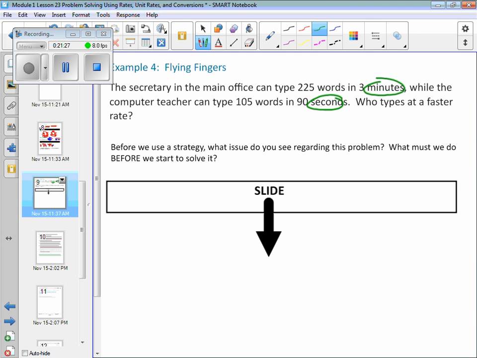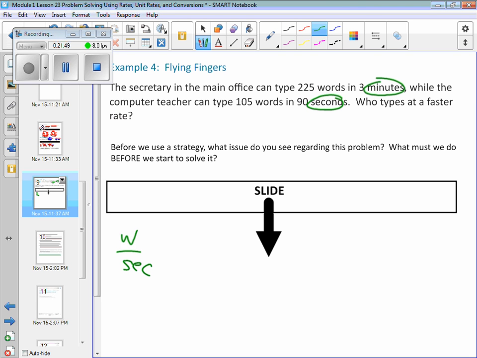Brandon, what do you think? Pick one and we'll take it through the process. All right, you want to do minutes to seconds. Let's set up a template. You want everything to be seconds? Okay, we'll do seconds. Set up your template.